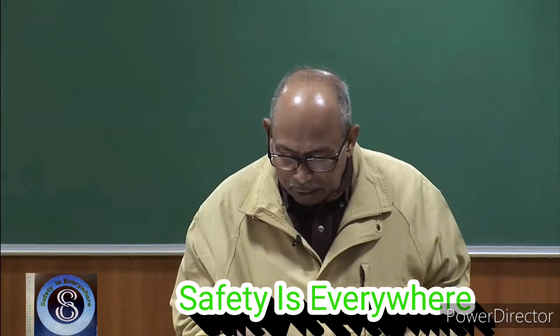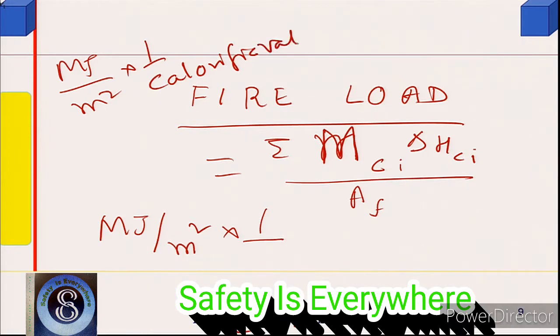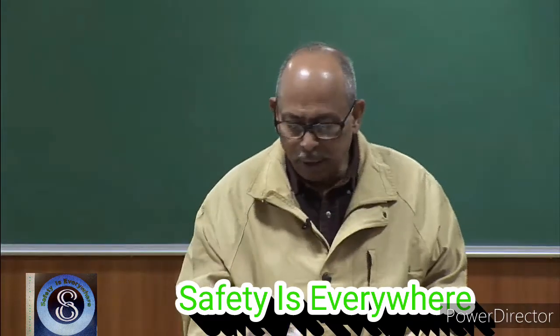So, the megajoule per meter square, which is actually the calorific value of all the fuel, you divide it by the calorific value of wood, which will be in megajoules per kg. So, you will get kg per meter square wood equivalent.